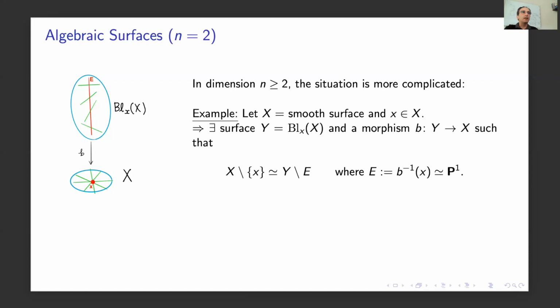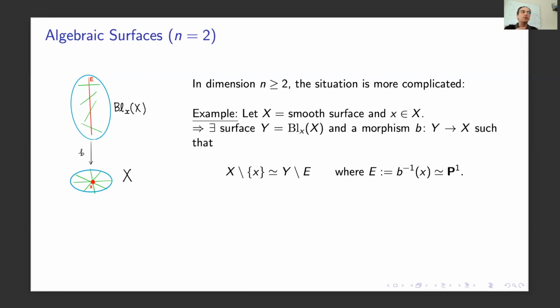It's possible to construct a new surface, which in this picture is denoted by Bl, for blow up, of the variety X at the point x, or we can call it Y, which also admits a morphism b from Y to X in such a way that if you remove the point from X, and if you remove E, which is the preimage of the point on Y, then these two objects become isomorphic.